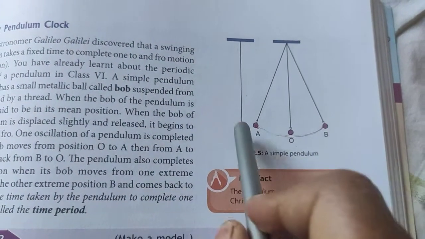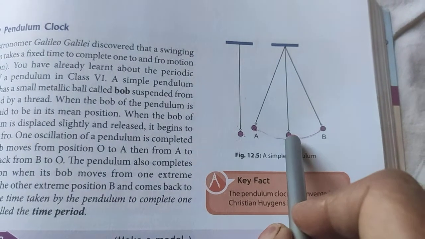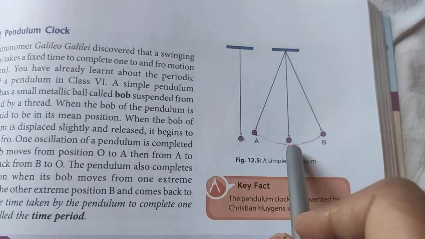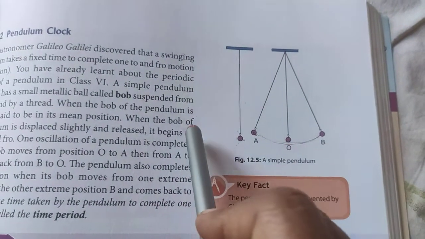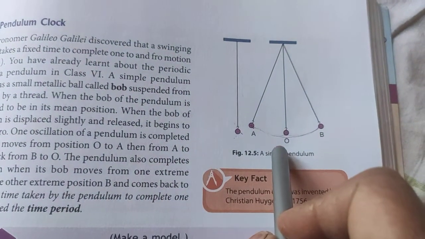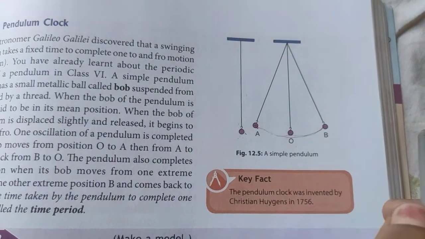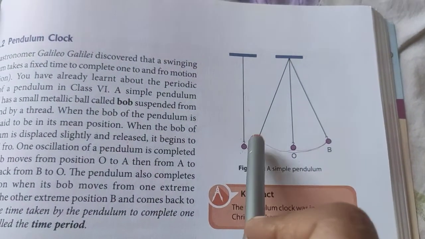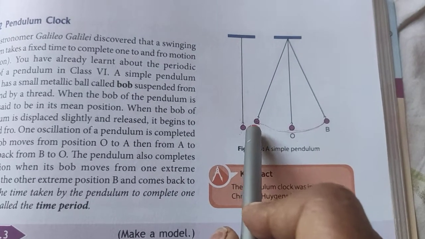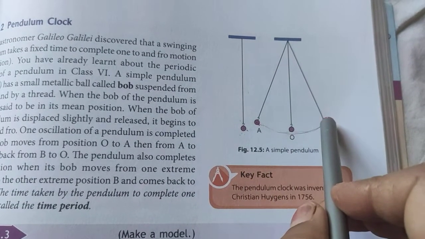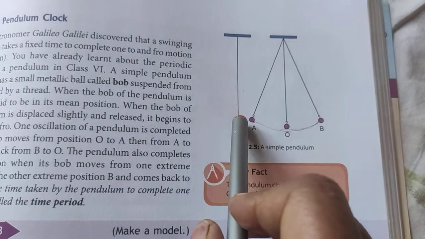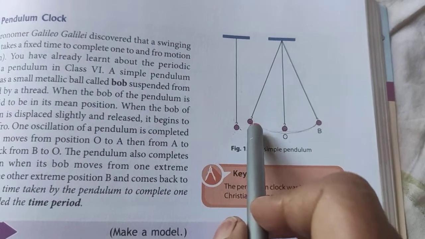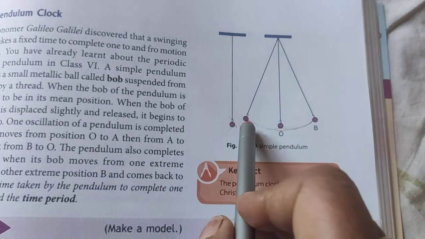That path taken by the pendulum to move from O and come back to O is known as one oscillation. Or, to make it easier, if the pendulum is at position A, it goes to B and then again comes back to A, then only we will say that it has completed one oscillation.